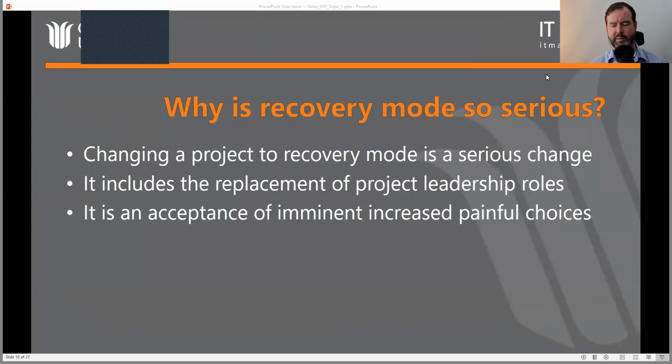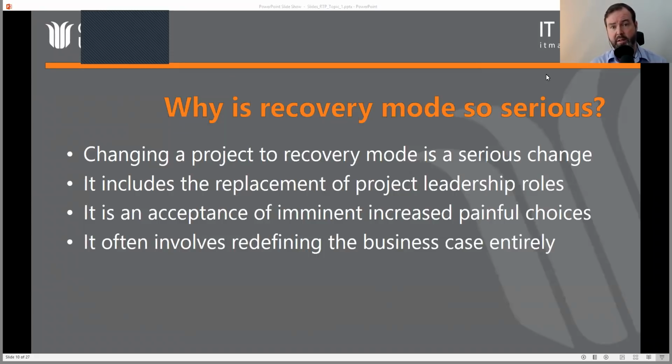They've been delayed, they've been pushed back, they've been avoided. And what the recovery phase is doing is saying, no, we need to bite the bullet. We need to swallow the painful pill and do whatever it's going to take, and that is going to be painful. And this is part of the process of switching into recovery mode, that's saying, well, we're going to acknowledge this. Because when the pain comes, if we haven't acknowledged that this is part of a project recovery scenario, these painful decisions are going to get avoided again. They're going to get overlooked. They're not going to get made effectively, if at all.